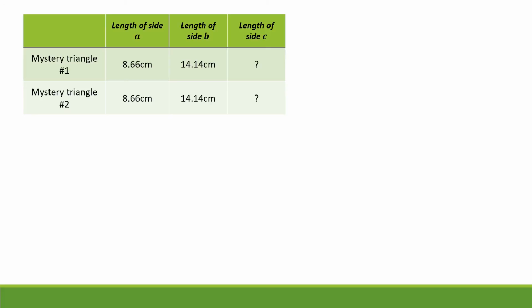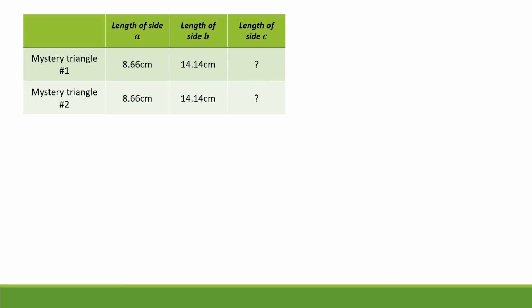With that observation in mind, let's try to figure out this mystery here. Suppose I have two mystery triangles whose side A measures 8.66 centimeters, side B measures 14.14 centimeters, just like the triangles that we observed previously.